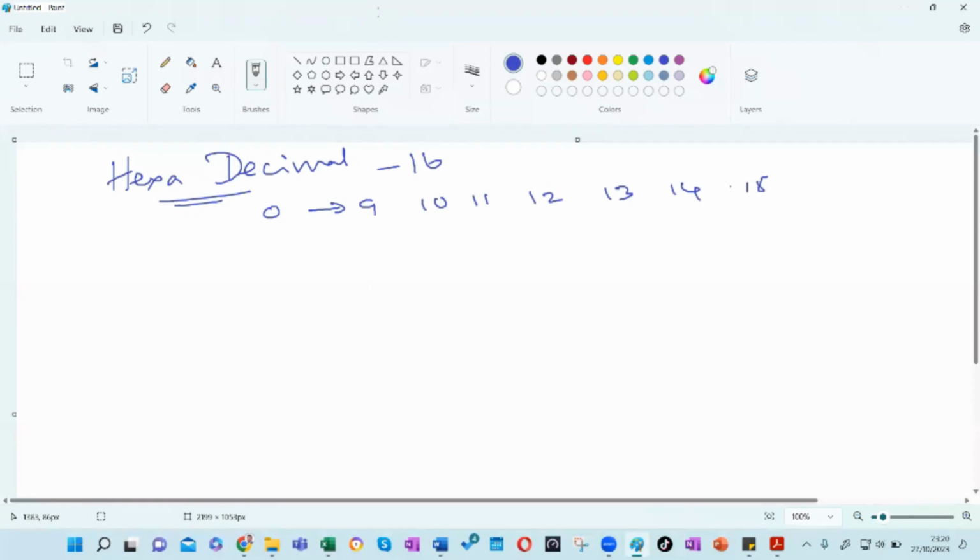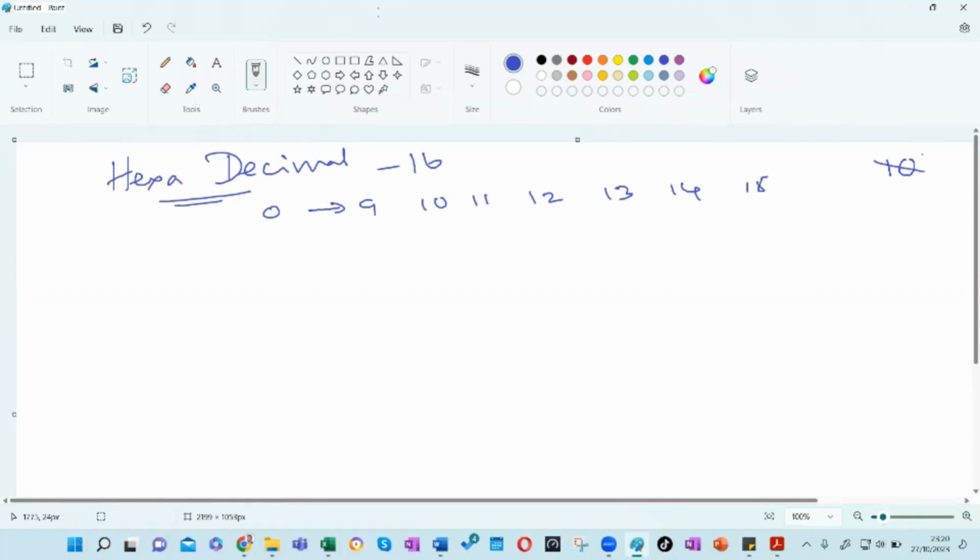So 0 to 15. Now the problem is when it comes to 10, 11, it can be misinterpreted as binary or hexadecimal or even denary, because when I write 1 0, this can be 10, this can be 1 0 in binary, this can be 10 in hexadecimal also.